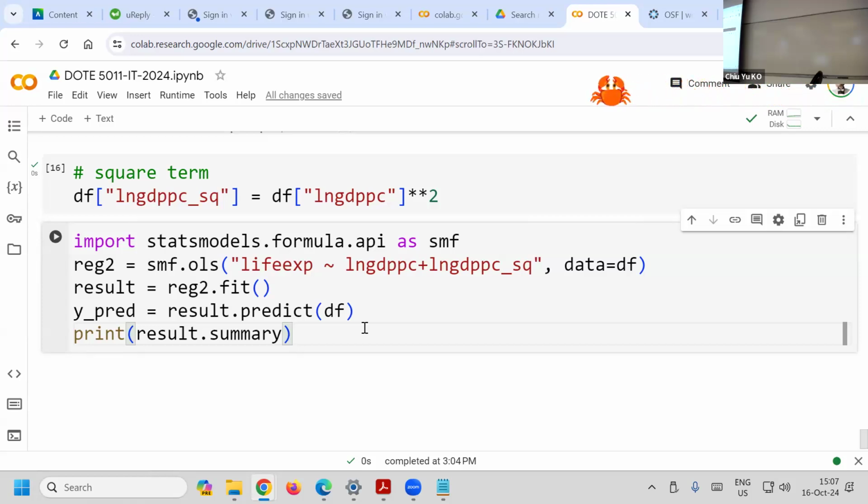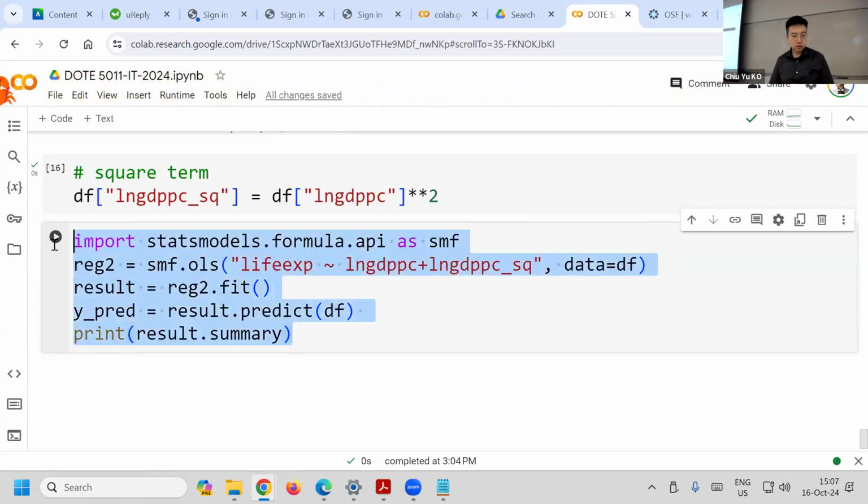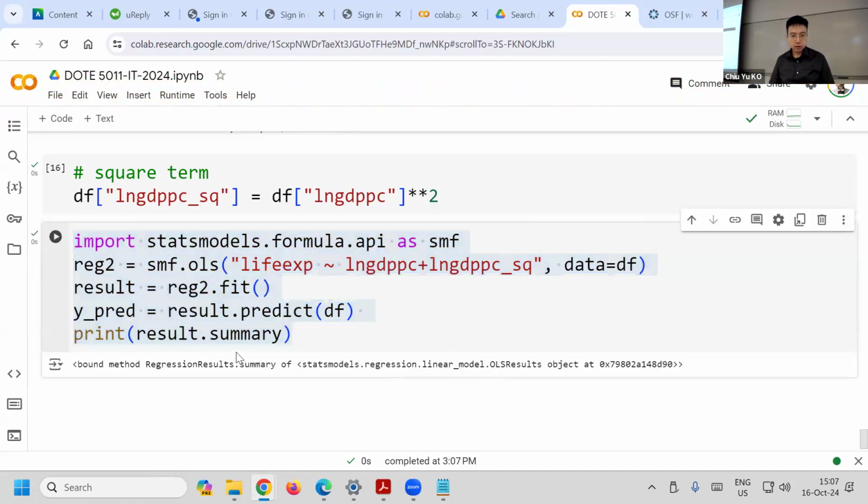And Python is very smart, it will take out the columns that have these names and regress on these names there, okay? So that is a very convenient notation, and we can check what it looks like by running. Yes, I forgot to print summary with brackets.